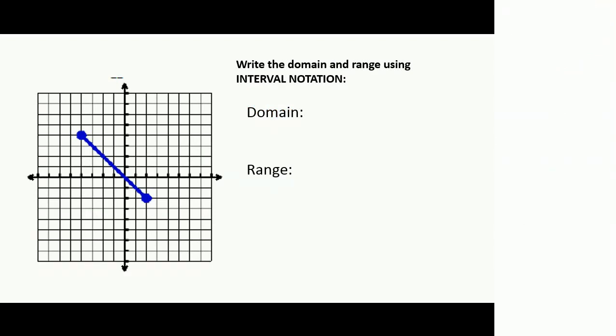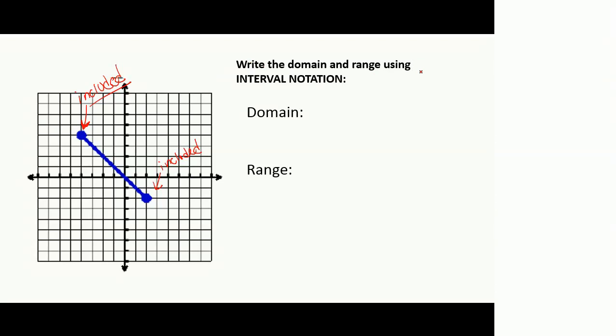All right, so let's take a look at a problem like this. Here's my graph, and I have to write the domain and range using interval notation. Notice right here we have a closed dot. The closed dot means we're going to include that in our interval. If it's an open dot, that means you're not going to include it. There's two ways we write interval notation.